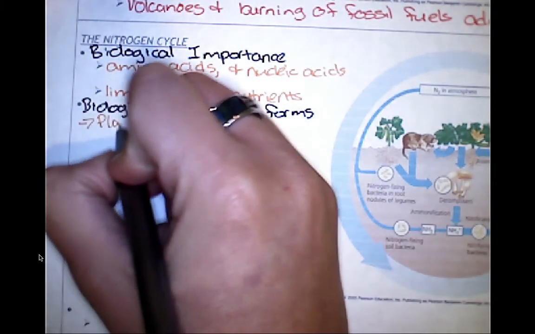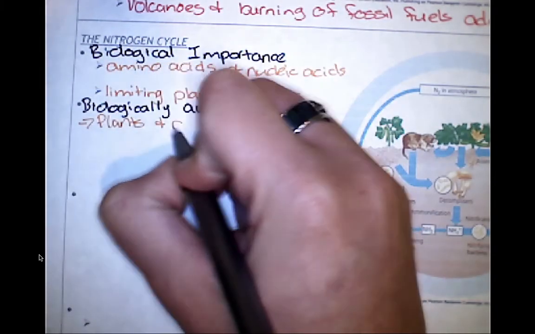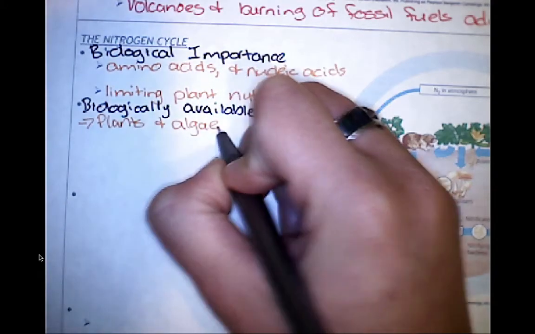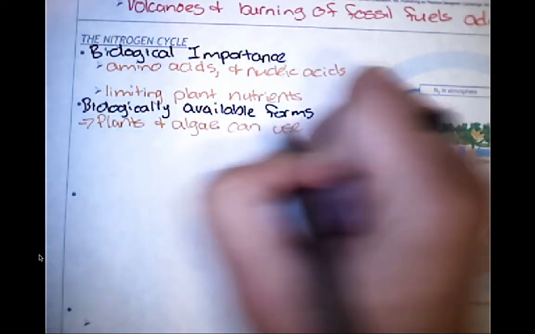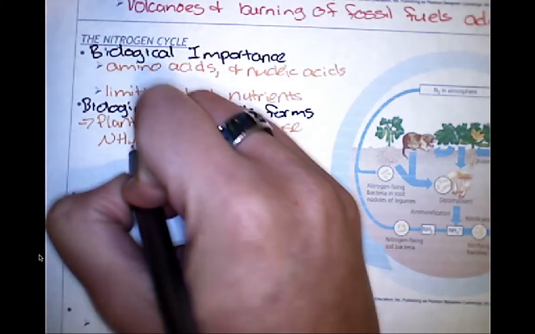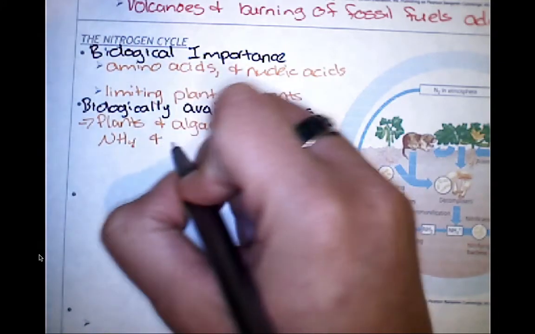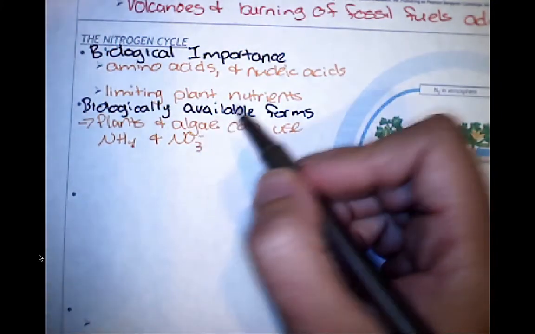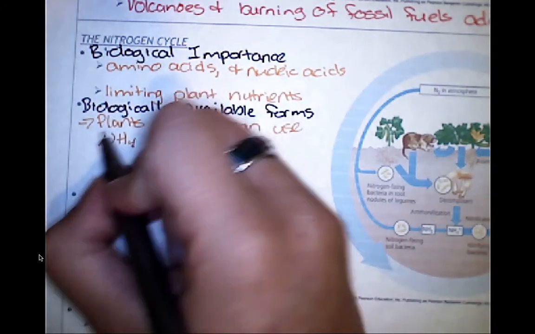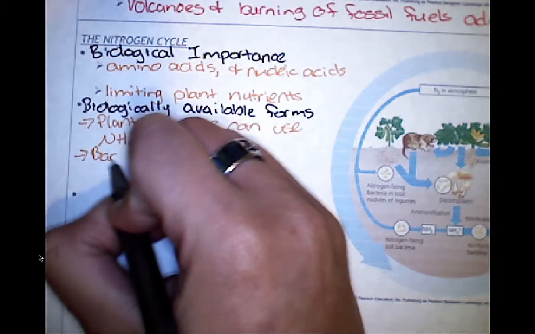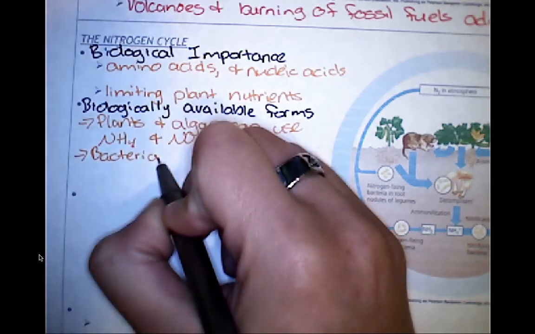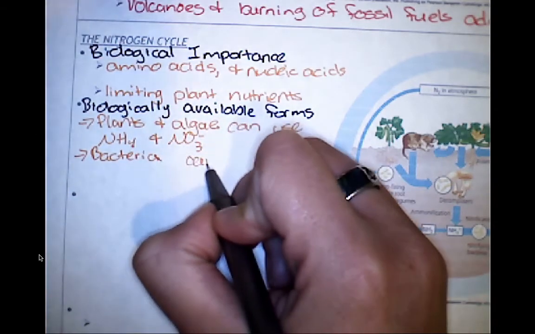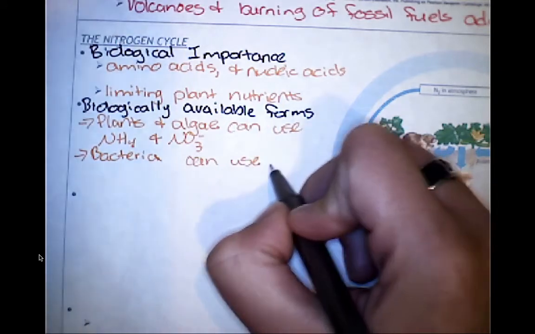Plants and algae, so photosynthesizers, can use ammonia. I'm just going to write the chemical compounds, but you should know what these names are. And nitrate. Ammonia and nitrate, okay? Bacteria, some different bacteria can use ammonia.